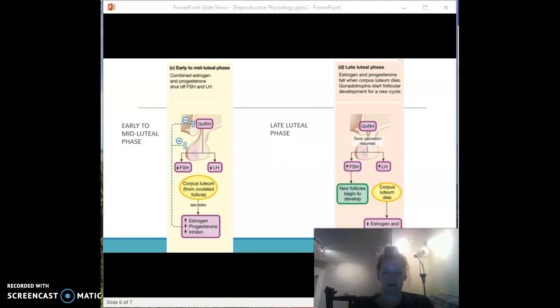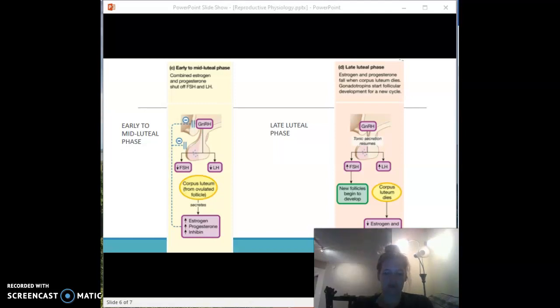Estrogen levels remain much lower than the peak that we saw before ovulation. You'll see, if you refer back to that diagram, that they initially decrease and then they actually rise again. The combined estrogen and progesterone shut off the FSH and LH secretion, and this is done again through negative feedback.